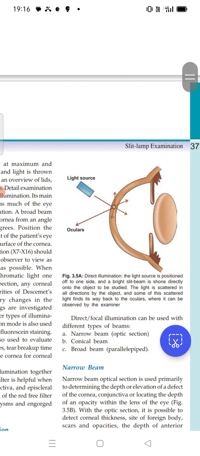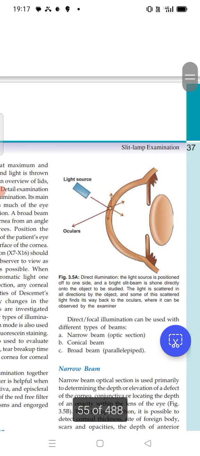We focus the light beam on the object, and the focus of the oculars of the observation system also falls on that point. So the light and the observation system are in the same focus, and that's why we can see the object very clearly.